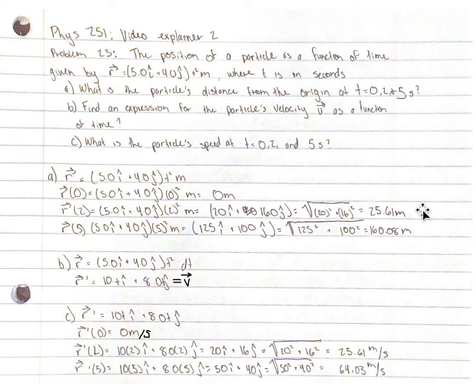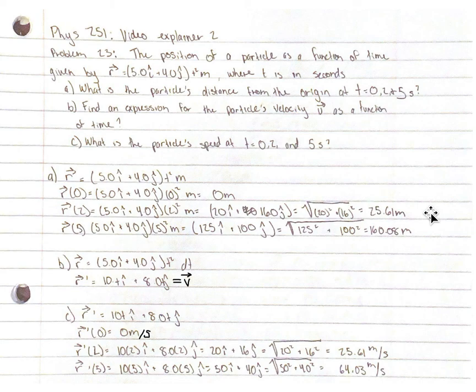Now to convert this into meters, we have to use the Pythagorean theorem, where we take the square root of each of the parts. In this case, we will take the square root of 20 squared plus 16 squared. That gives us 25.6 meters from the origin at time t equals 2.